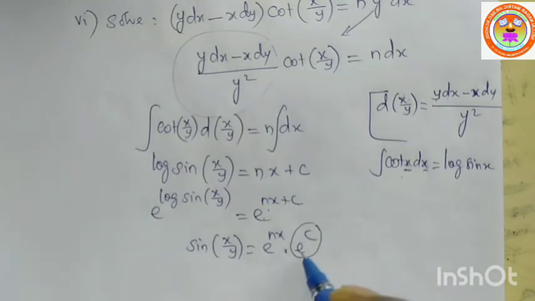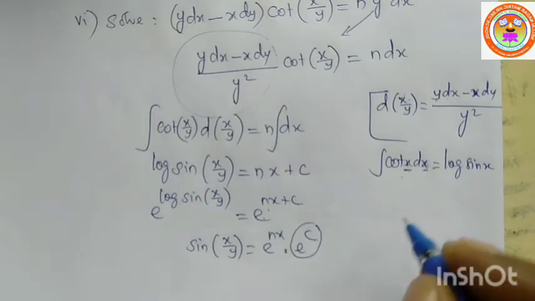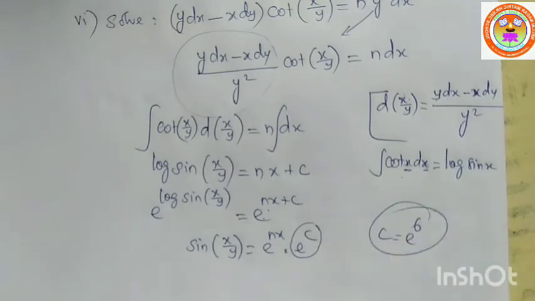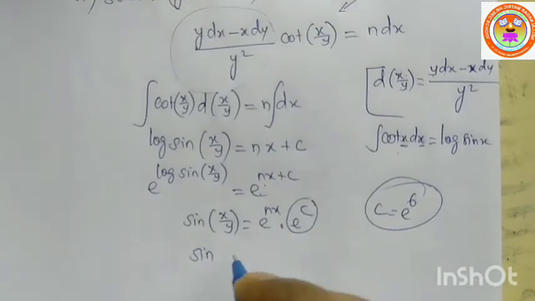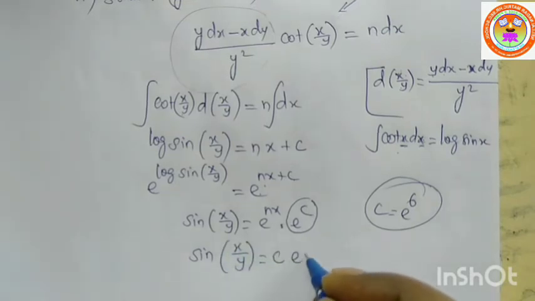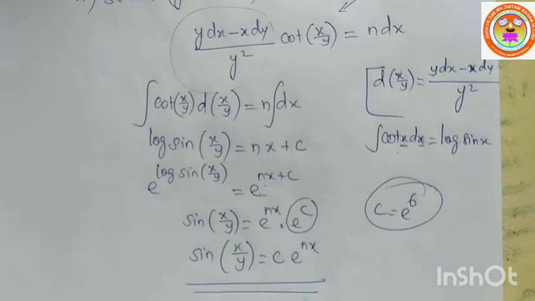For example, e power 6 is a constant. In the same way, we can rewrite e power c as another constant c. So it becomes sin of x by y is equal to c into e power nx. This is the required solution.